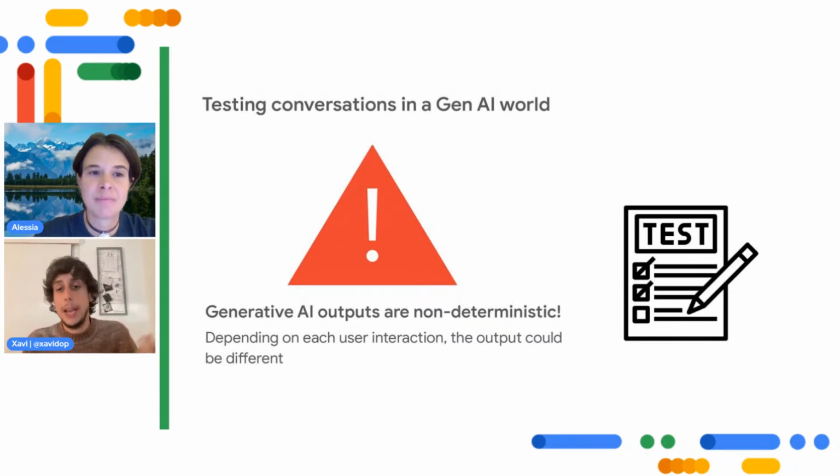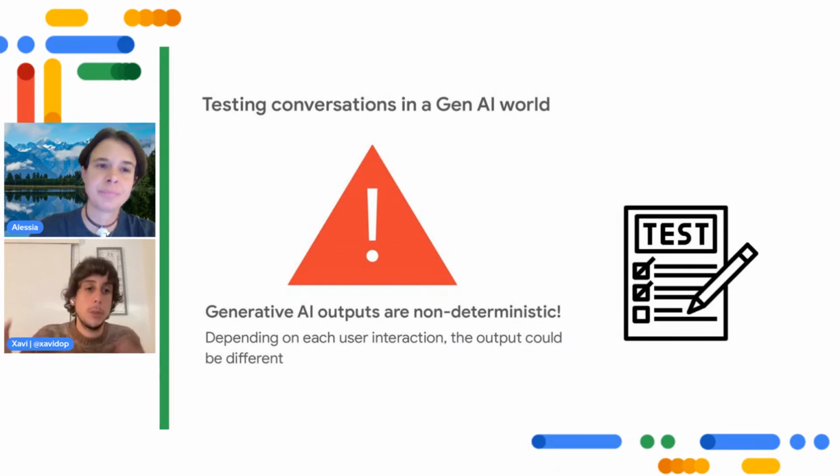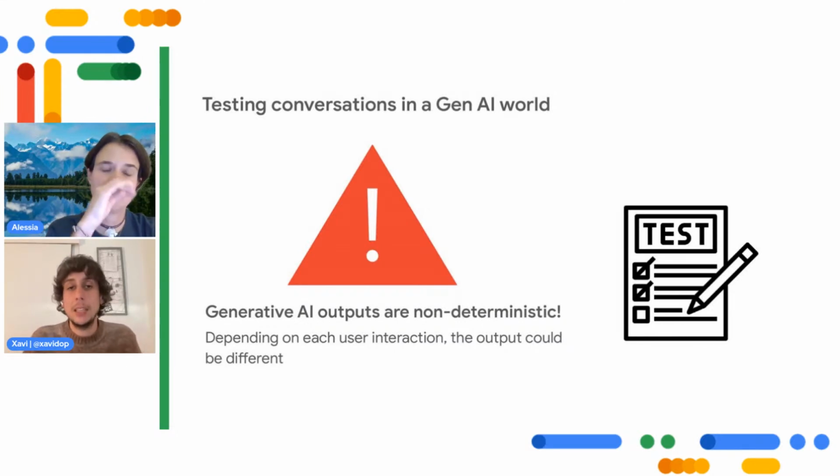I mean, you can set prompts, add banned phrases, and add a bunch of words to make most of your generative AI outputs deterministic, but at the end the large language model is something that is going to be non-deterministic. So you are going to have a scope, but you will not know the answer. You will know the content, but you will not know the answer itself.